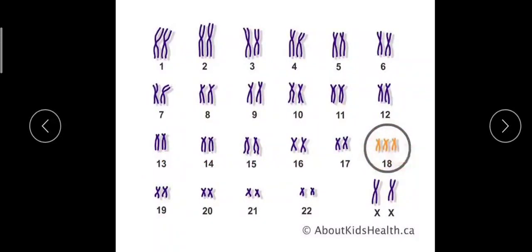So in this condition we have an extra copy of chromosome number 18. So this condition is called trisomy, and we can represent this condition as 2n plus 1, because 1 is found in addition. So as you can count, there will be 47 chromosomes in trisomy condition.